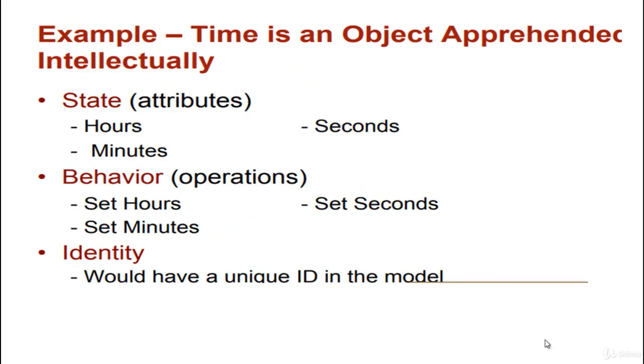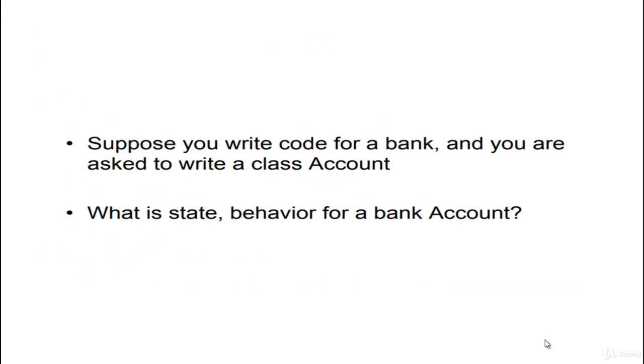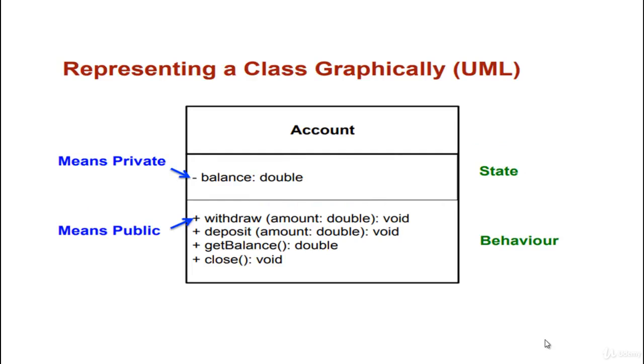In the time class, we had state, hours, minutes, seconds. Behavior, set hours, set minutes, set seconds. So in this case, in the class account, what is state and behavior for a bank account? So here we represent the class graphically using UML, Unified Modeling Language.